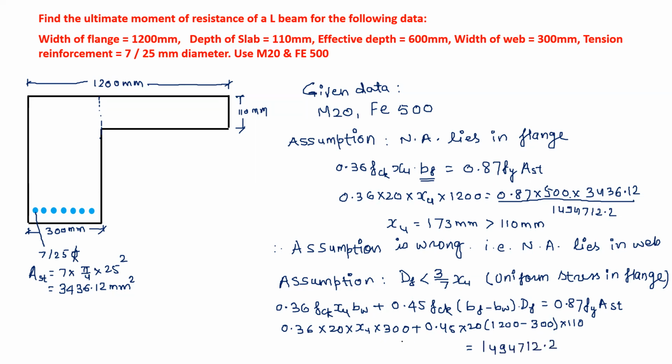Then we will find the value of xu from this equation. So xu equals 1494712.2 minus 891,000, upon 2160.